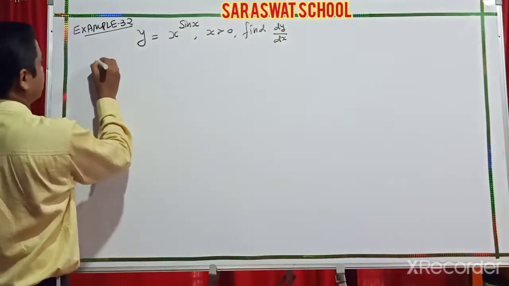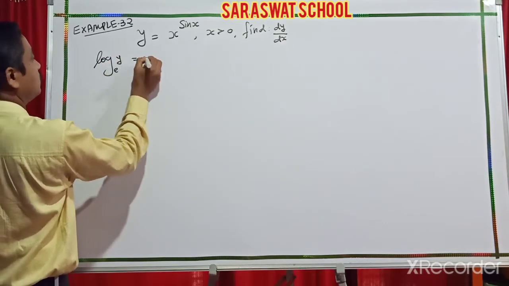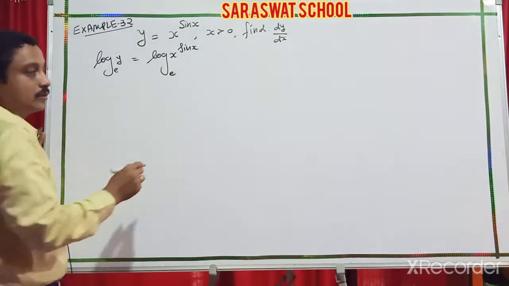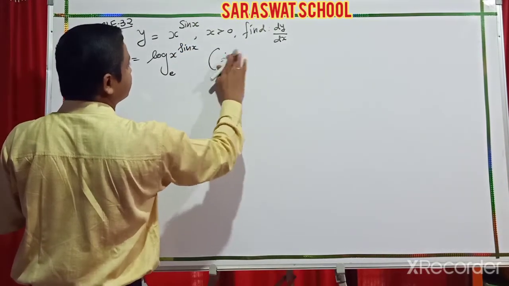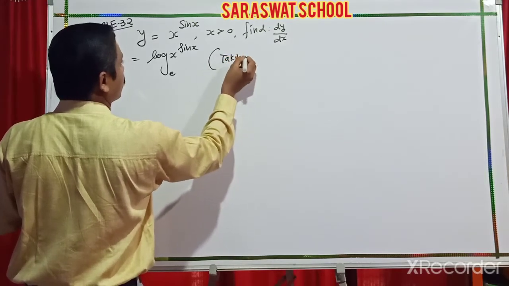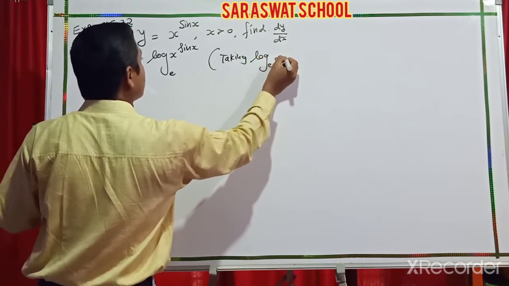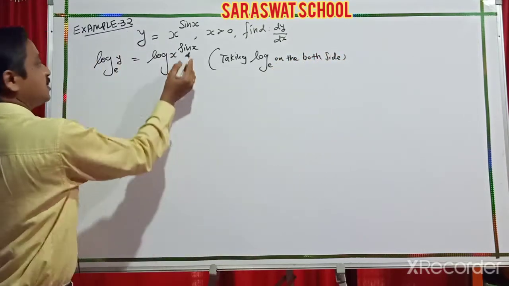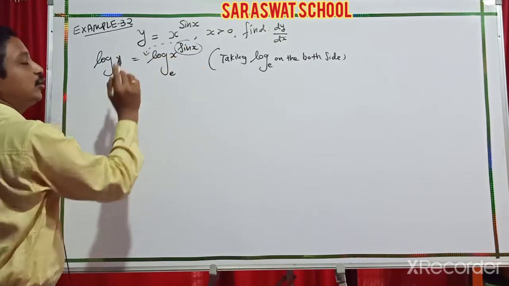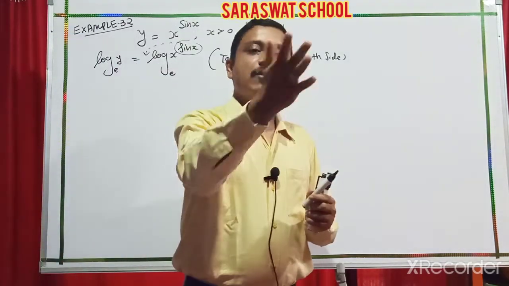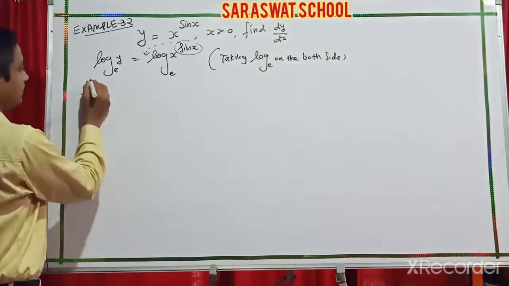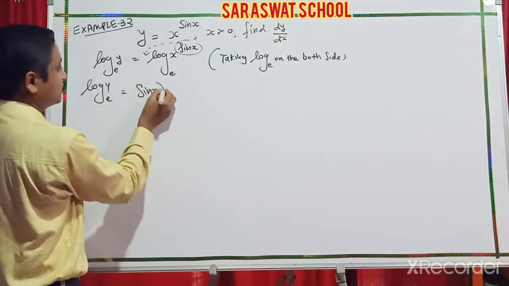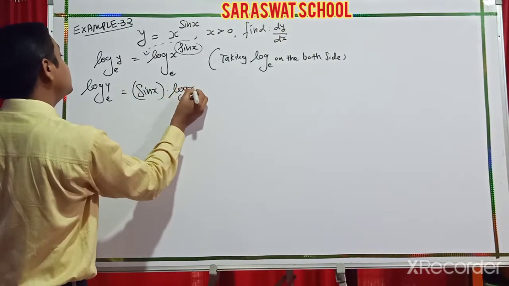Finally, the power sin x, according to the property, students, we bring outside. So log y base e is the same, and here sin x into log x to the base e.